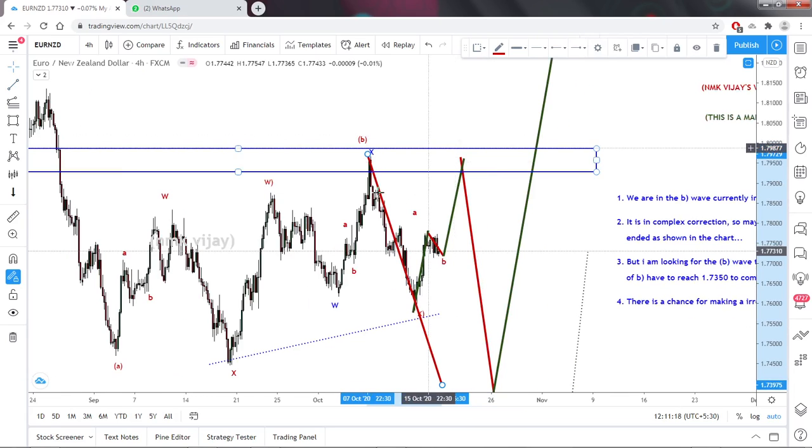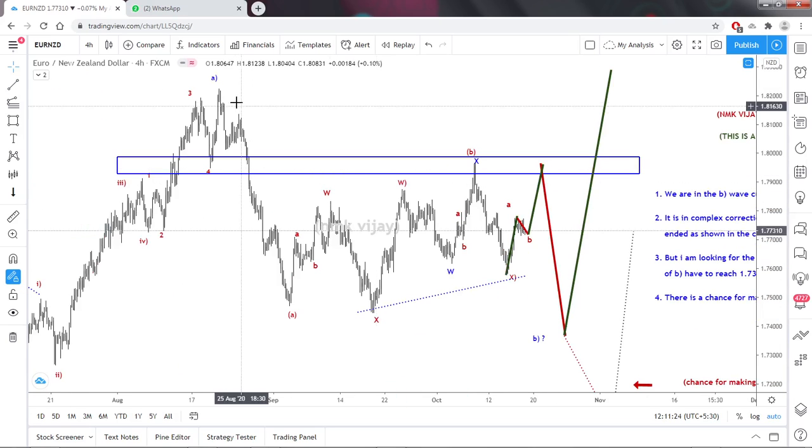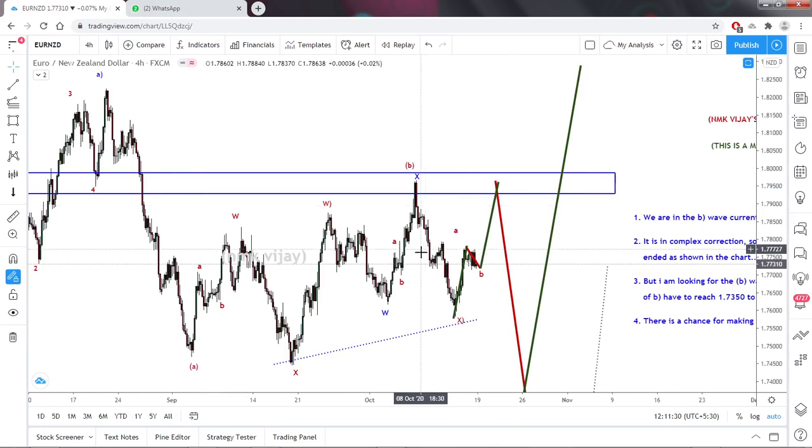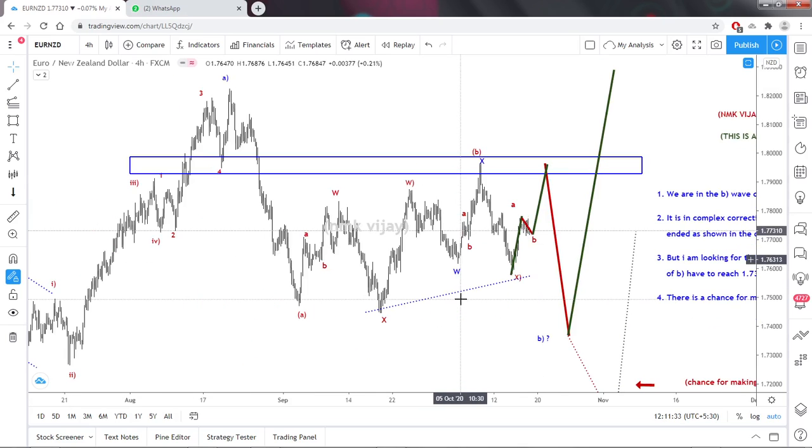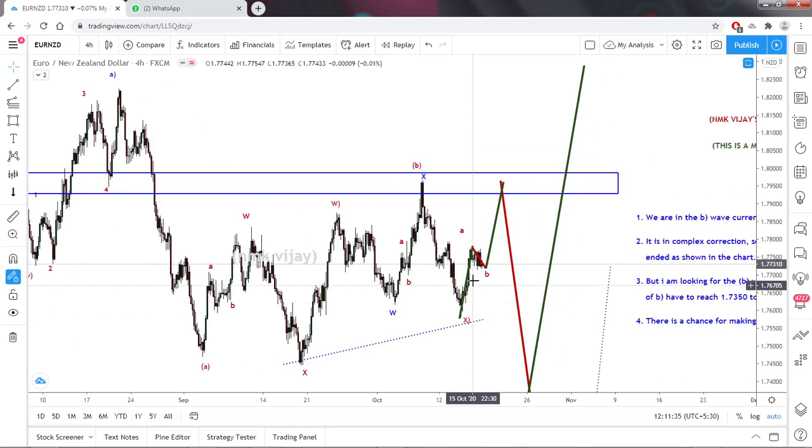But what it did, it's not looking like a C wave. If the C wave contains a 5-wave structure, it should be like this, not like this kind of structure. Or if we took it as a triangle, ending diagonal also, we don't want it to bounce again like this, again the V reversal. So my thought is that X is an expanded flat here, ABC, ABC, and again ABC.